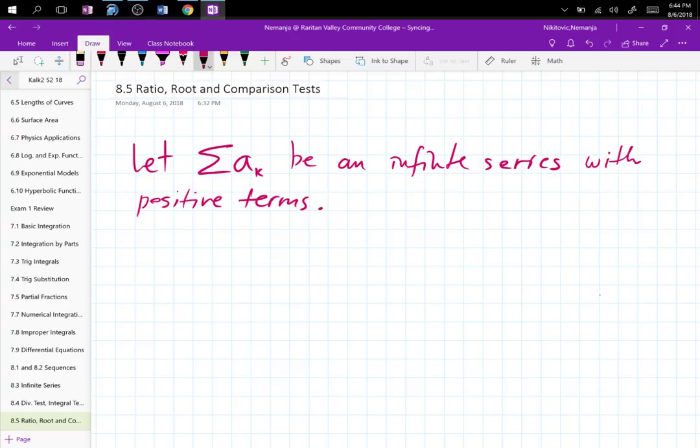That's the let part. We have the limit of the absolute value of a_(k+1) divided by a_k as k goes to infinity.